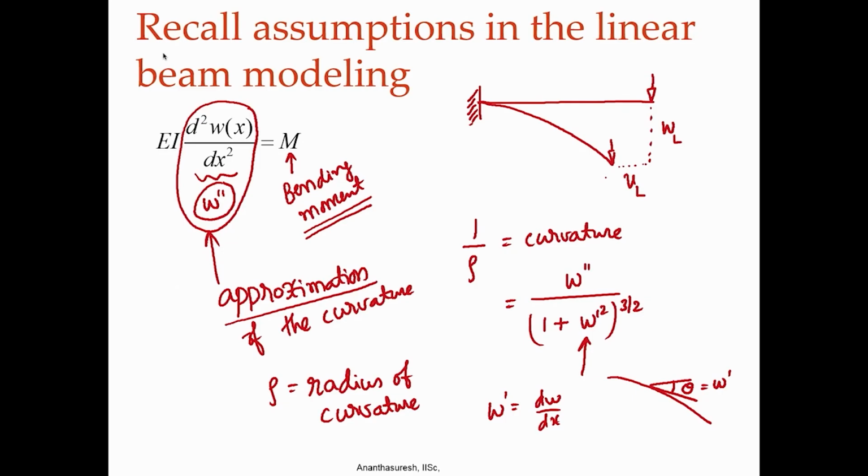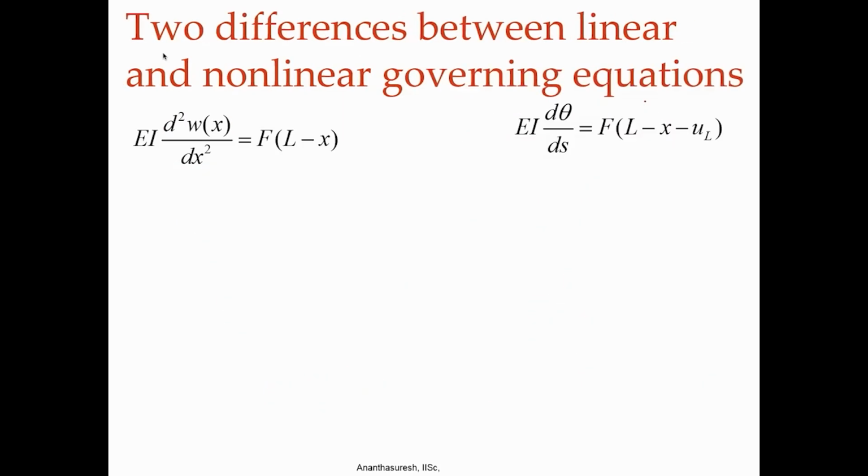It is not the axial deformation in the sense of stretching of the beam, it is just that the locus of this point will have both components, transverse as well as axial. And you have to write the bending moment in this deformed configuration rather than the original configuration. That is the difference. The assumption in the linear analysis is that equilibrium written in the original configuration is good enough, but that is not good enough in the nonlinear case.